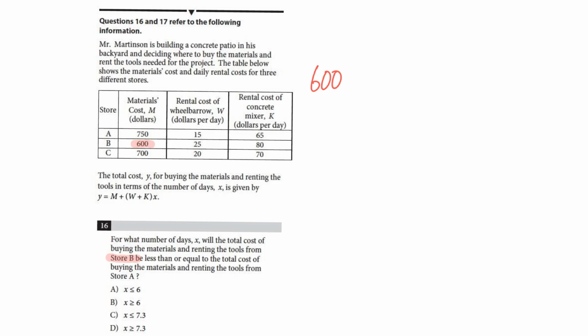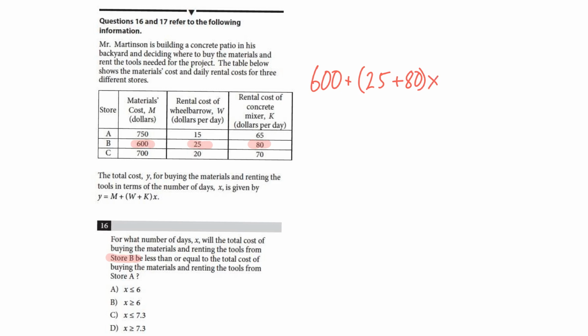W is 25 for store B, so it's going to be plus 25, and then K for store B is 80, so plus 80 times X.